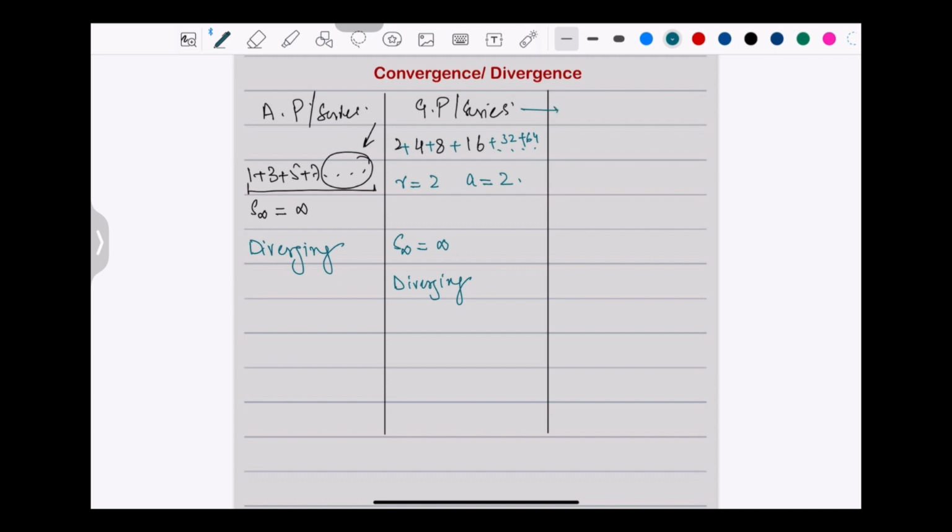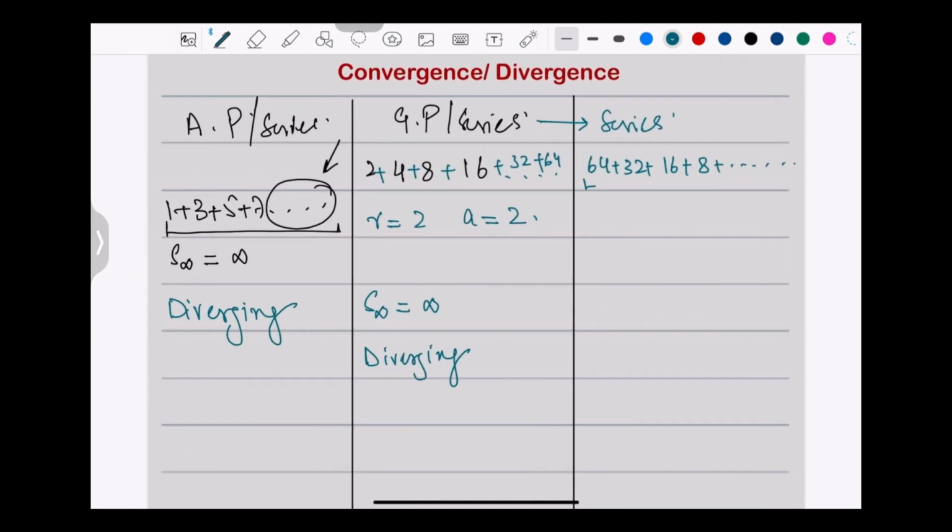But take another case of a geometric series, 64 plus 32 plus 16 plus 8 plus and so on. In this series, every next term is the previous term divided by 2.